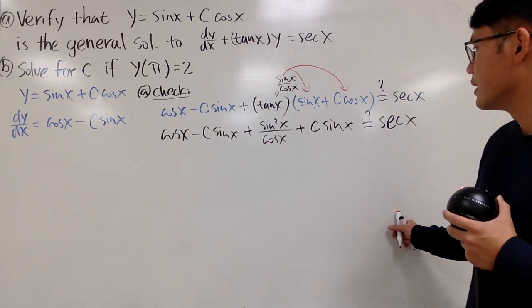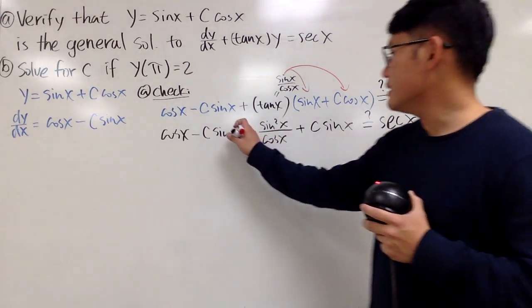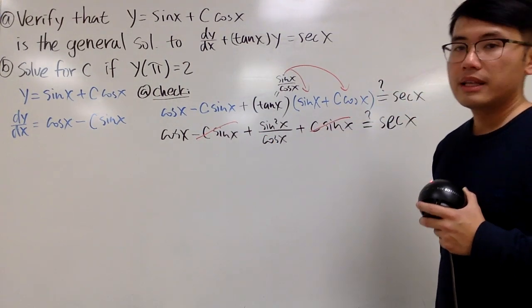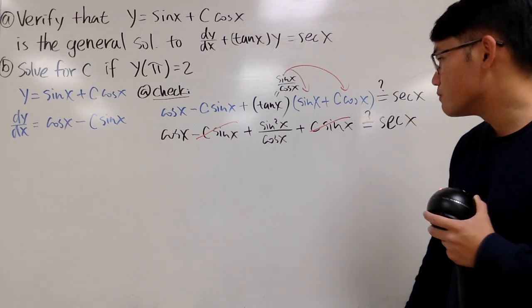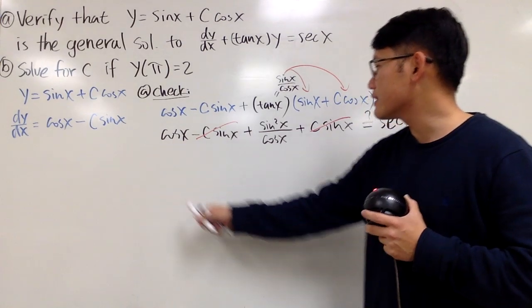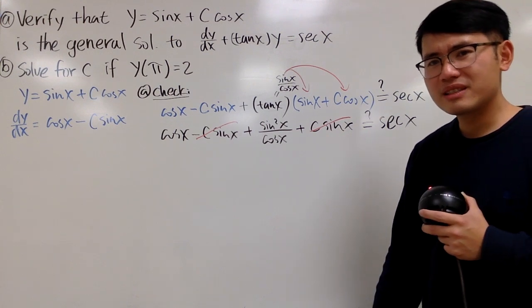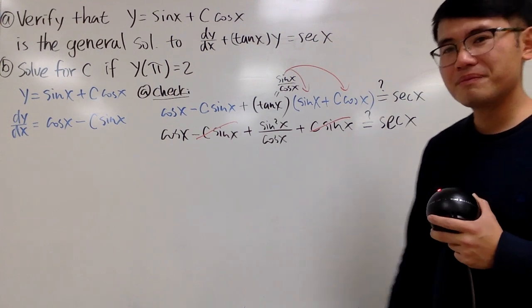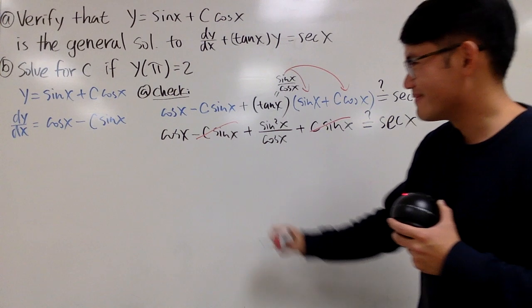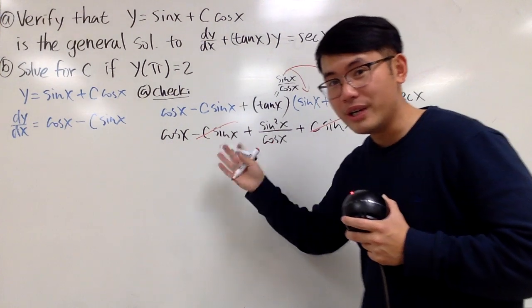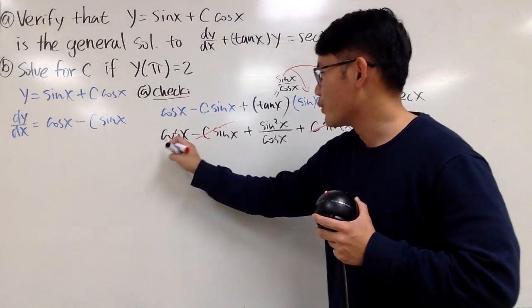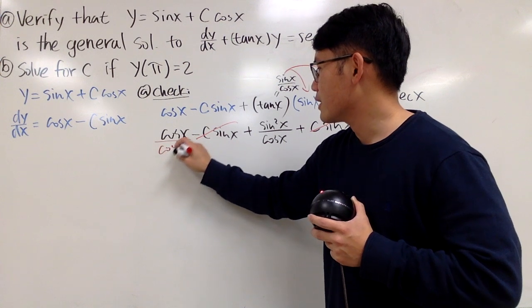And we are still trying to see if this is going to give us secant x or not. Interesting. Let's see. Well, this and that can be cancelled, and here we have cosine x plus sine squared over cosine x. Is that really equal to secant? Let's see. This right here, let's go ahead and get a common denominator. So right here, I can just put this down as cosine over cosine.